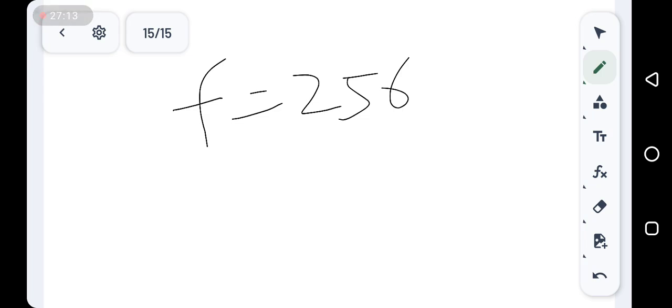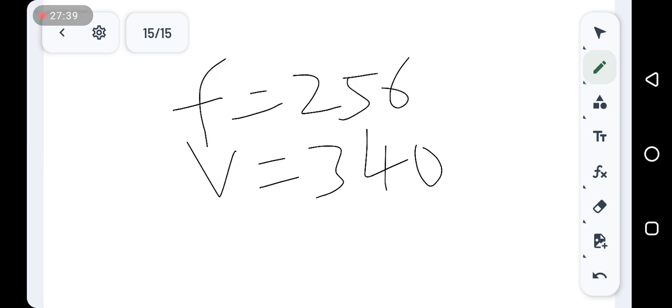They say closed pipe, so we are solving a question related to a closed pipe. The fundamental frequency is 256, and the velocity of sound is 340, so V is equal to 340. We are asked to calculate the length of the pipe.